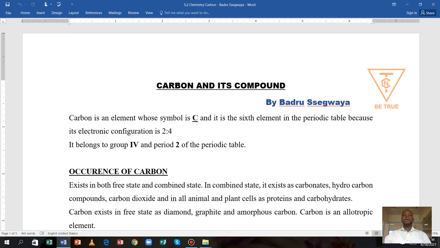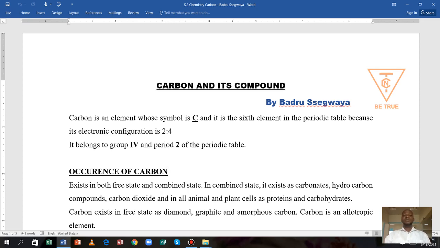Occurrence of carbon. Where do we find carbon? Carbon exists naturally in free state and also in combined state. In combined state, carbon exists in compounds such as carbonates, hydrogen carbonates, hydrocarbons, carbon dioxide, which is a gas in air.